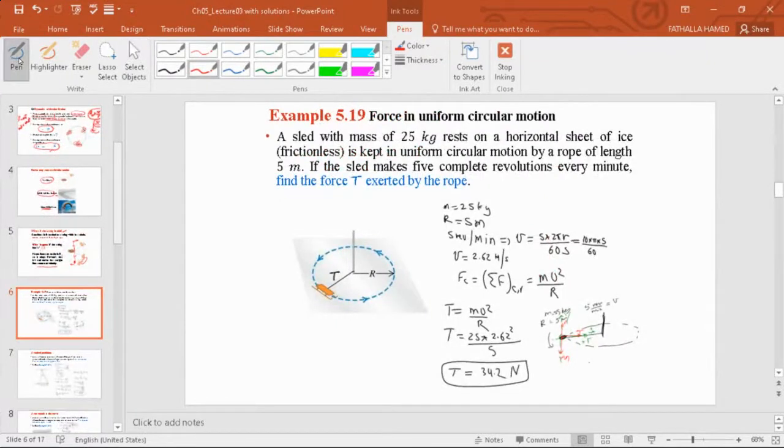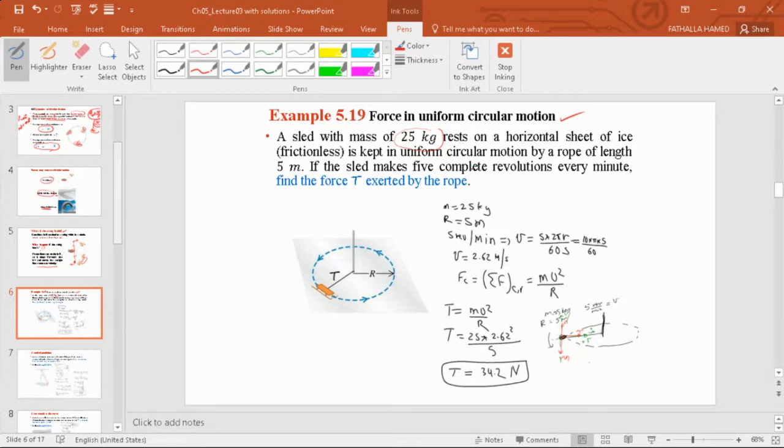So let's take an example here to illustrate this, and the example that we're going to pick is force in uniform circular motion. A sled with mass 25 kg rests on a horizontal sheet of ice. Ice means you don't have friction, so we say frictionless.